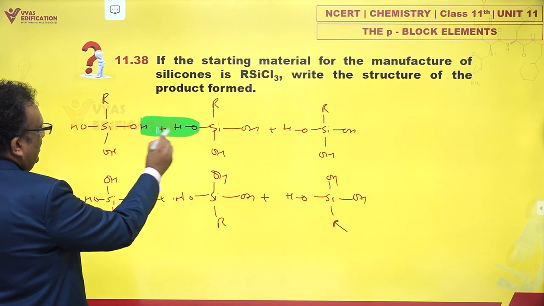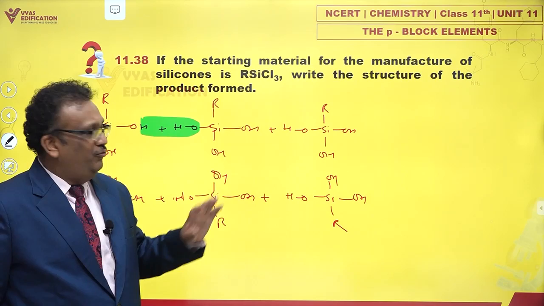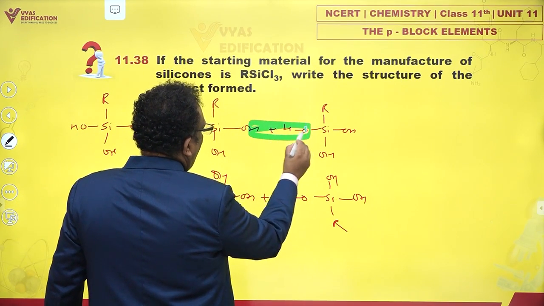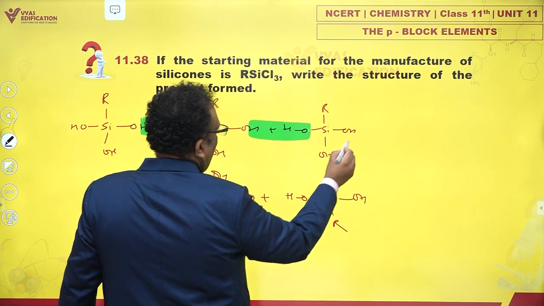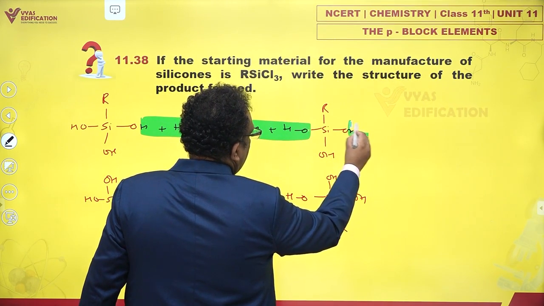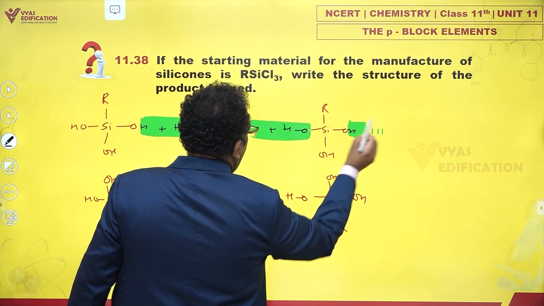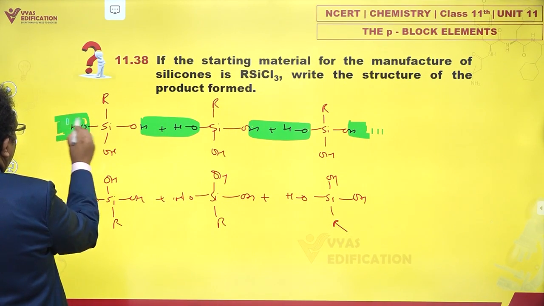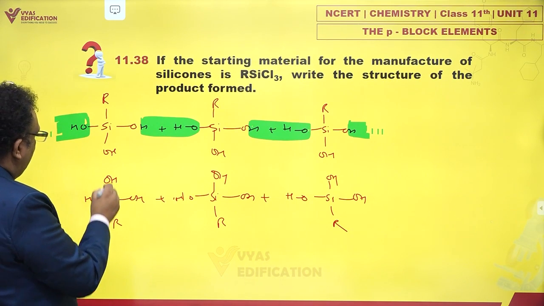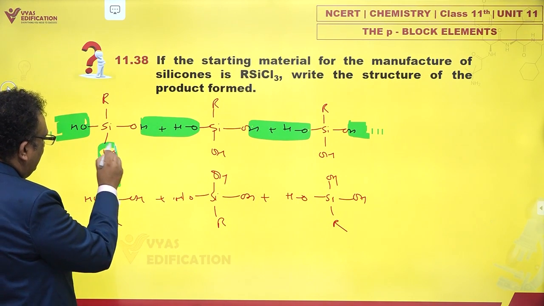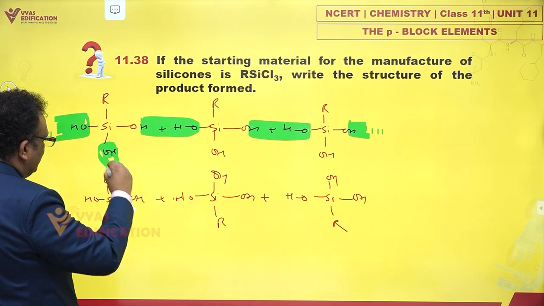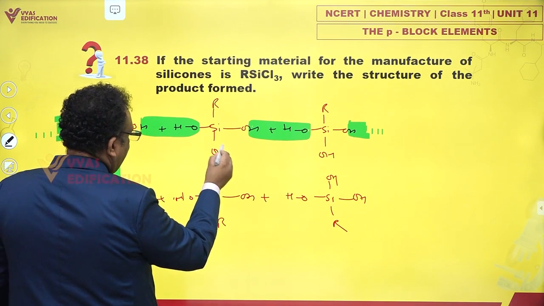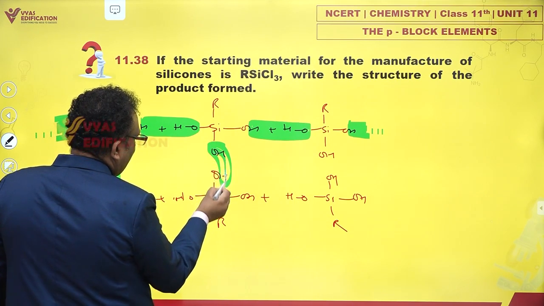What does it mean? This water molecule is removed, in the same fashion, this water molecule is removed, and this also continues, and this also continues. What about this? Again, a water molecule is being removed. And again, a water molecule is removed.